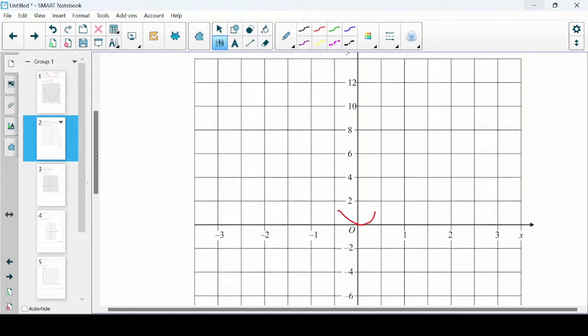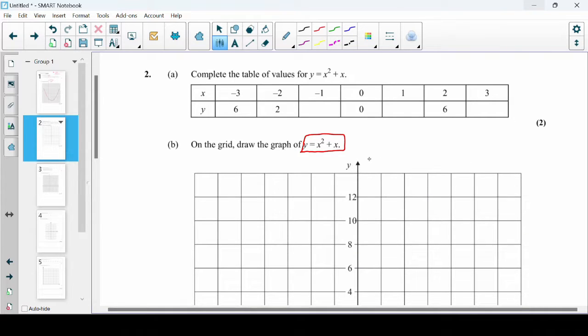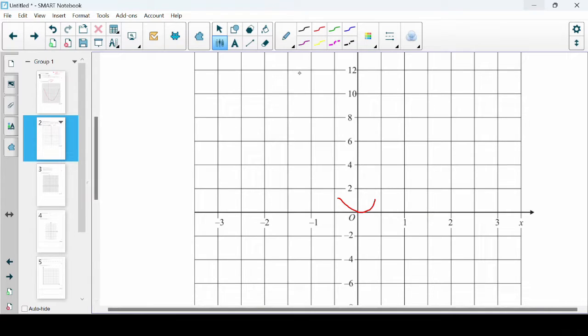The x squared term, the quadratic term, is positive. When it's positive, the graph comes from up, goes down, and then again comes up. So the graph shape should be like this.